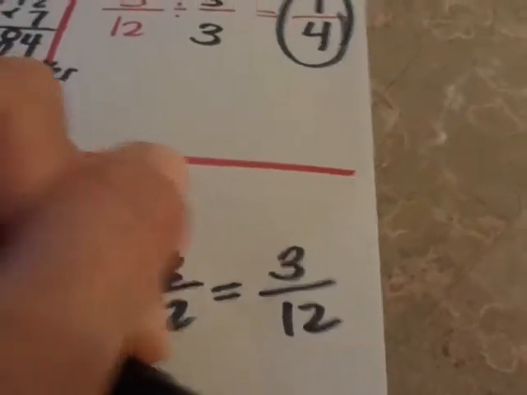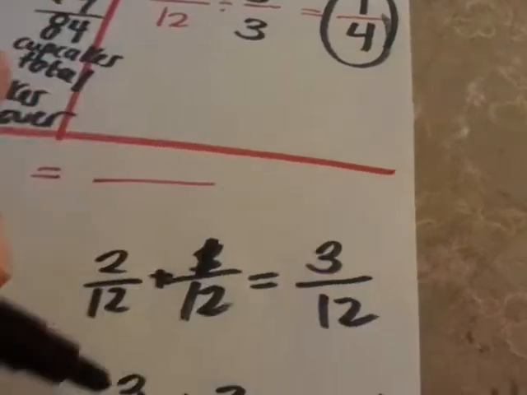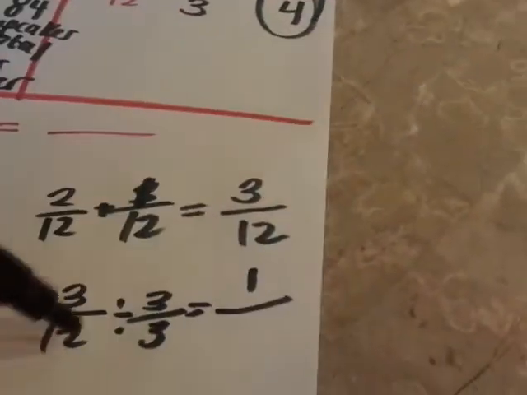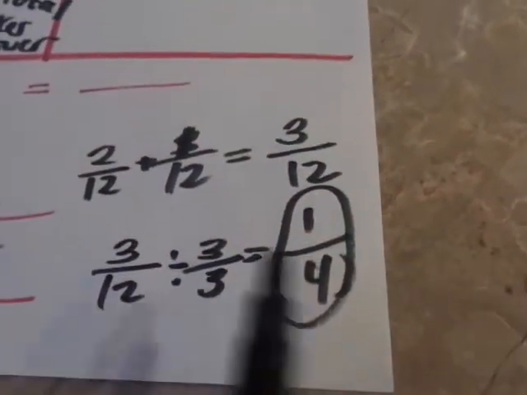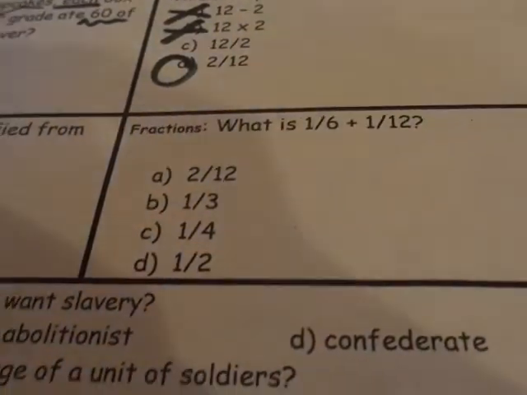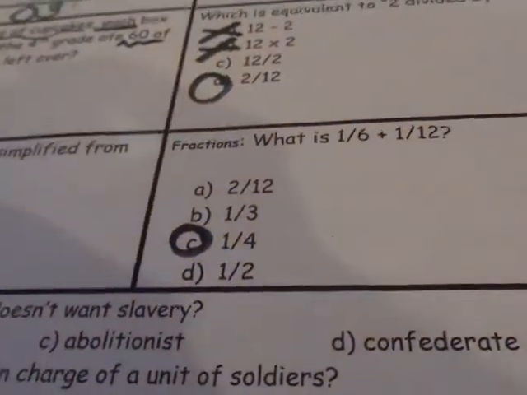So 3/12 divided by 3 over 3. 3 divided by 3 is 1. 12 divided by 3 is 4. Can be reduced to 1/4, which is my best answer. So when I look over here, I see that it doesn't even have 3/12 as an option, which means I have to reduce. So the best answer here is C, 1/4.